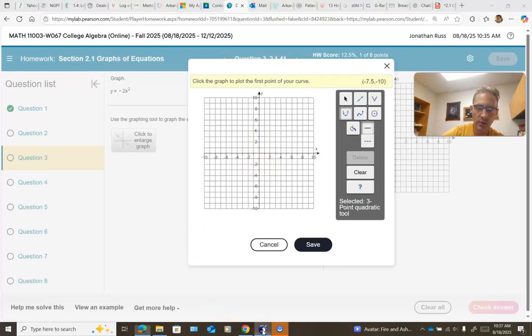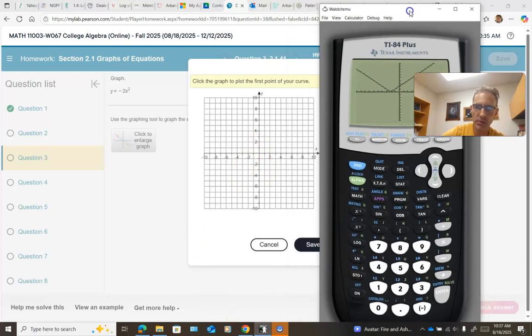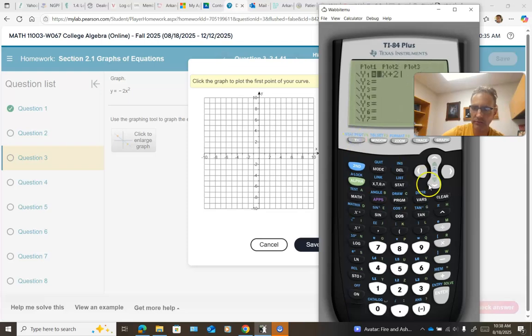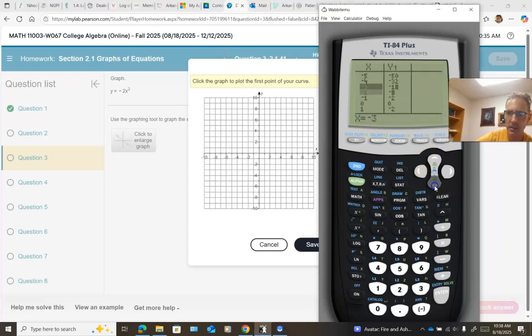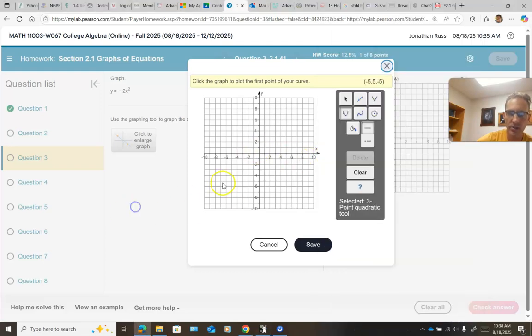And what I'll do just real quick, guys, is I'm just going to put this one into my calculator. It's negative 2 times x squared. Make sure you hit the negative 2x and then square it. And then go to your table if you want. Alright, so I just need a couple points. I think the center point is going to be right here, 0, 0. And you do have to plot that center point first. So I'm going to click once right there.